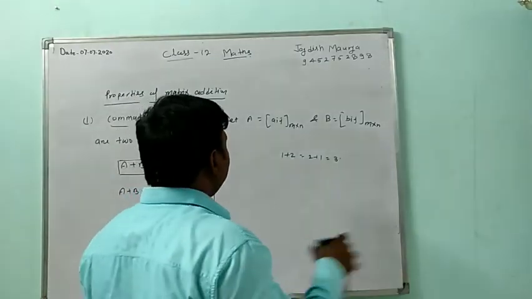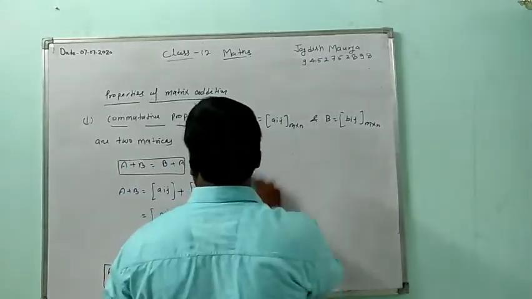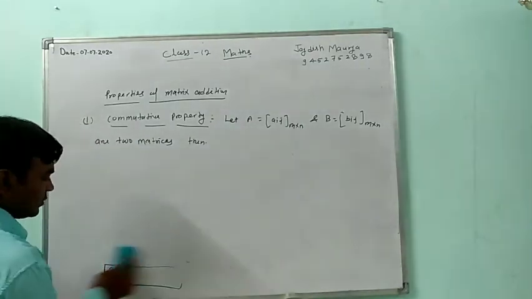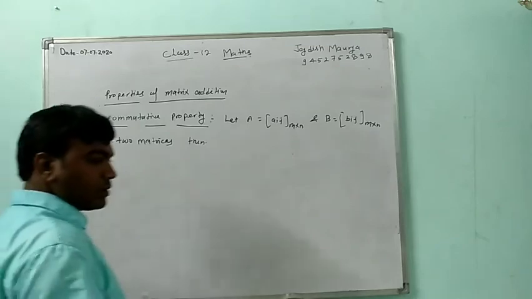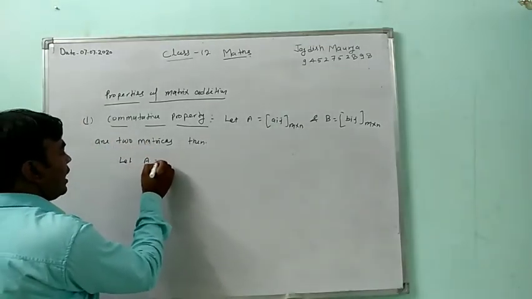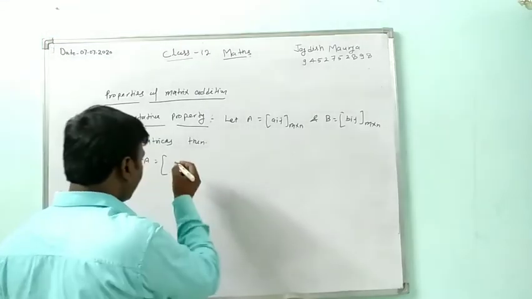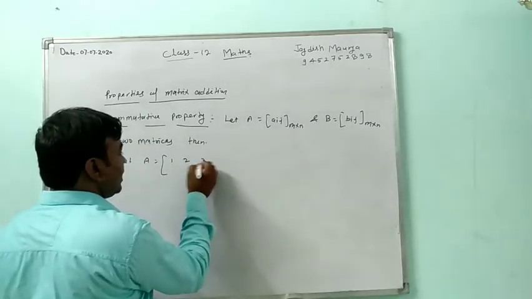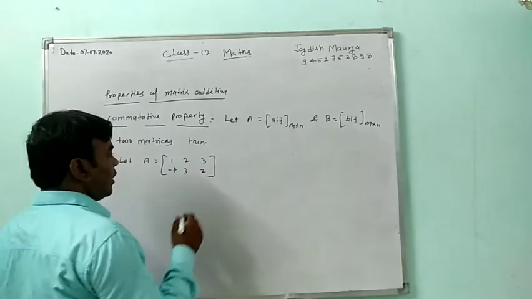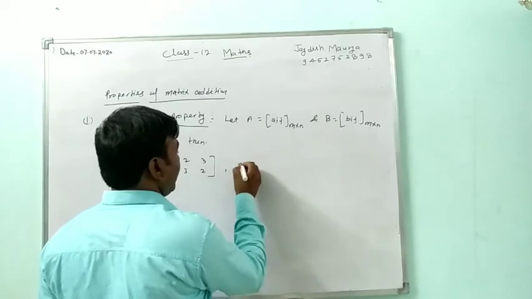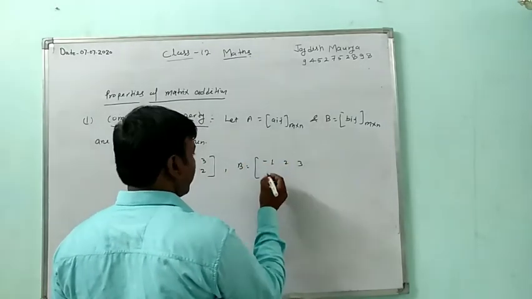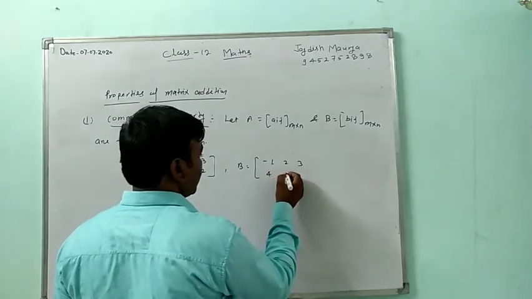For example, let A equal to 1, 2, 3, minus 4, 3, 2 and B equal to minus 1, 2, 3, 4, 6, 7.